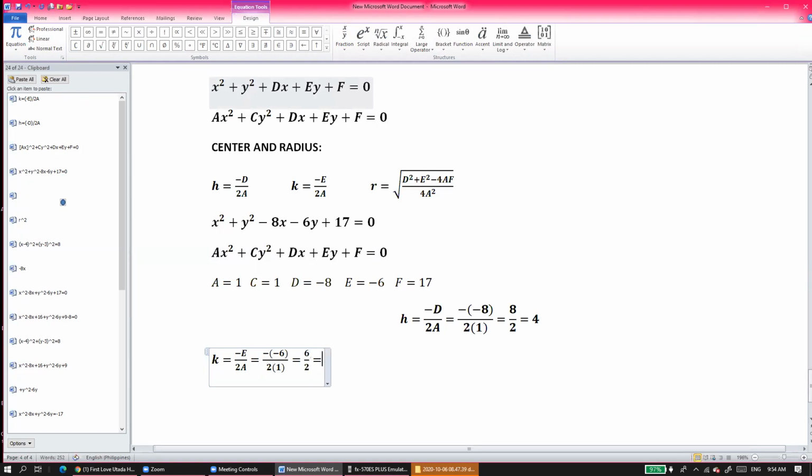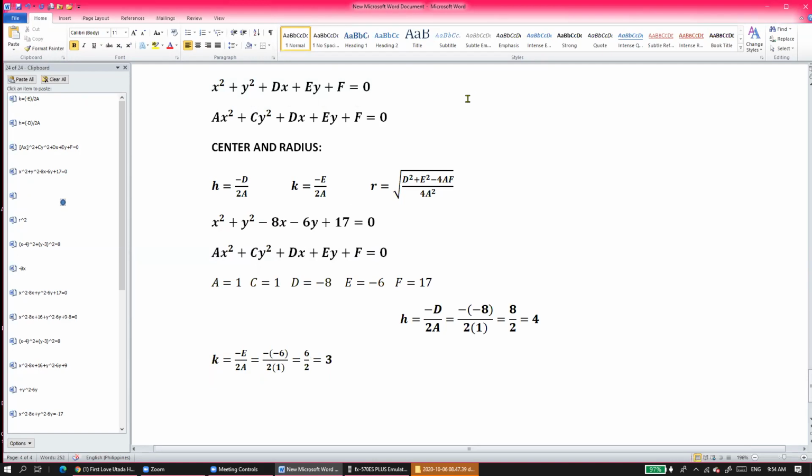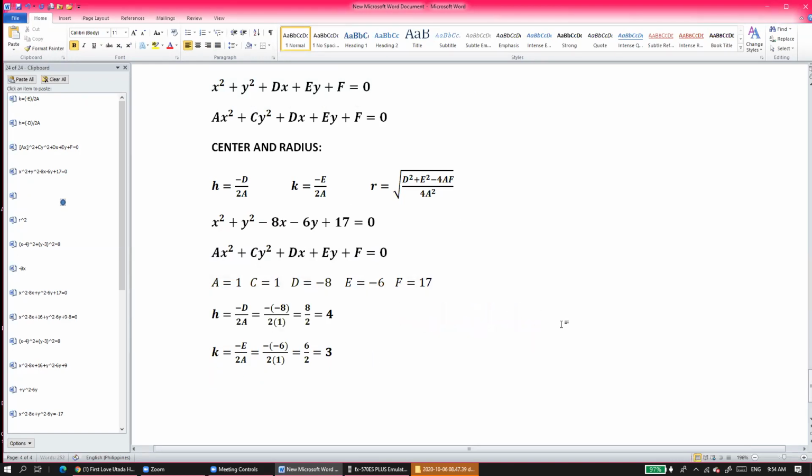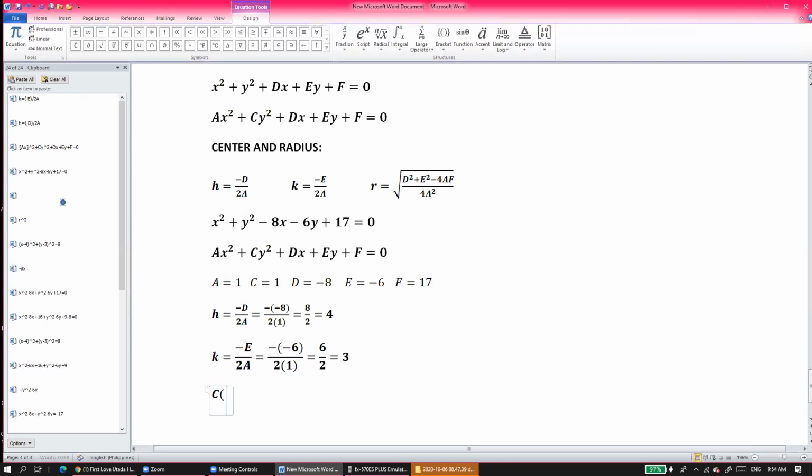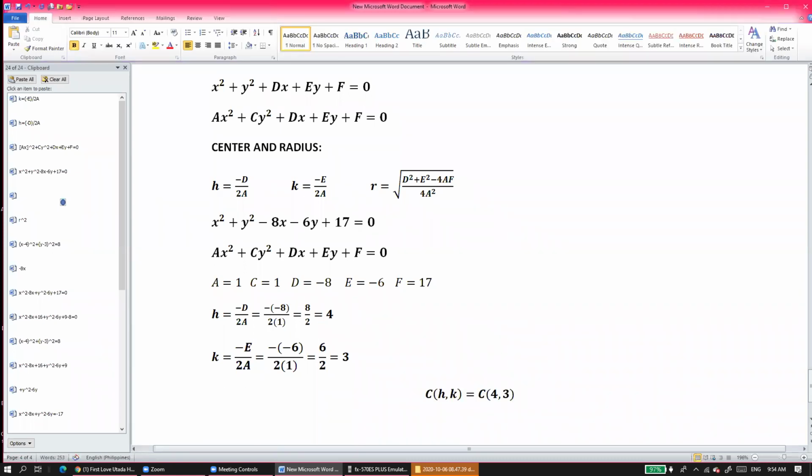Then this is equal to 3. So, definitely, ang coordinate ng ating center is (4, 3). So, nahanap natin ng ganun lang kasimple yung coordinate ng ating center para sa ating circle.